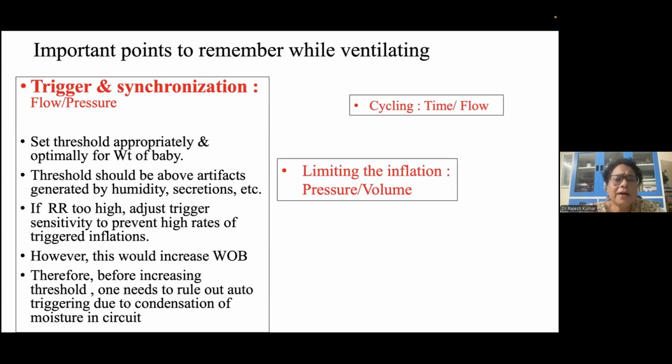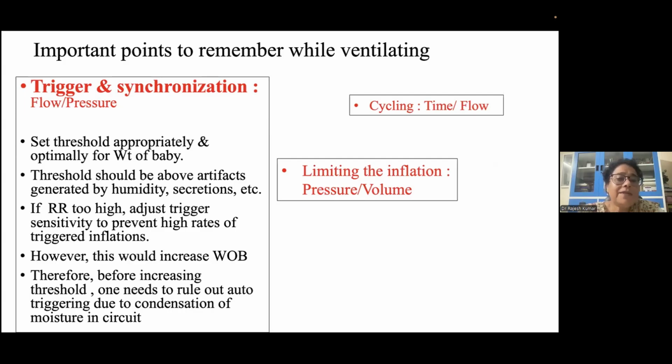Now, before ventilating, we also have to remember certain important points. And this was also told in the previous lecture, that there will be either a flow trigger or a pressure trigger in our ventilator. We have to identify that. We need to set the threshold appropriately and optimally for the weight of the baby.